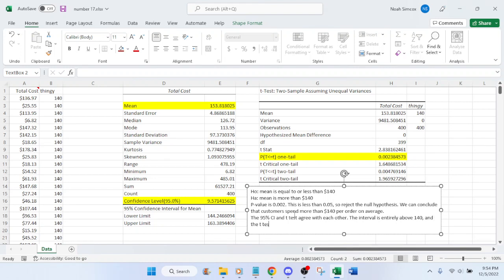Interval is entirely above 140, and the t-test result was that the average was more than 140.